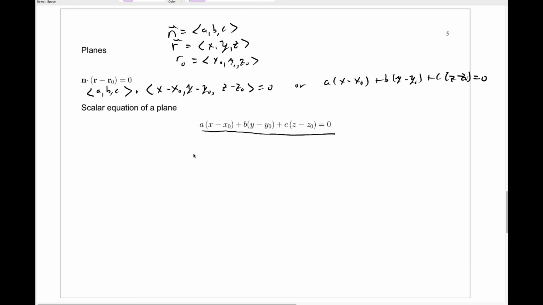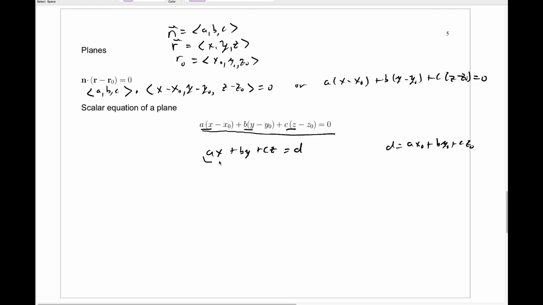If I just expand this out, you could write ax, that's this, plus by, that's this part here, plus cz is equal to, here we have a minus ax naught, a minus by naught, and a minus cz naught. I'll just write that as d. Here d is your ax naught plus by naught plus cz naught.